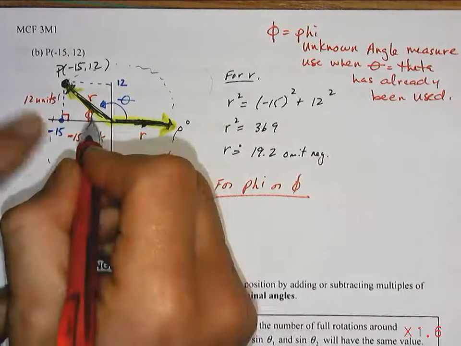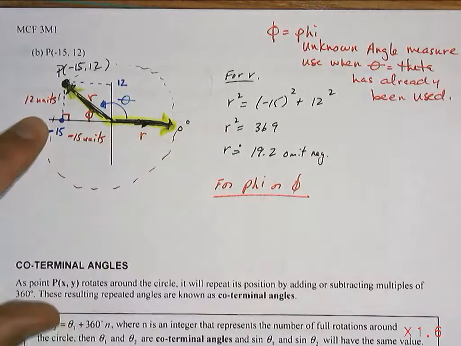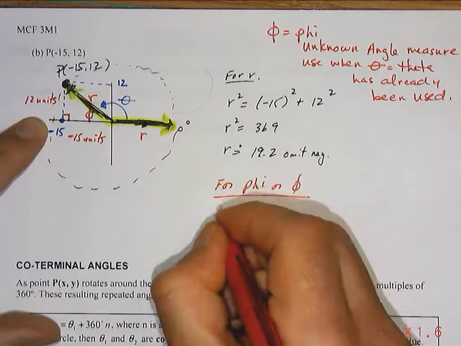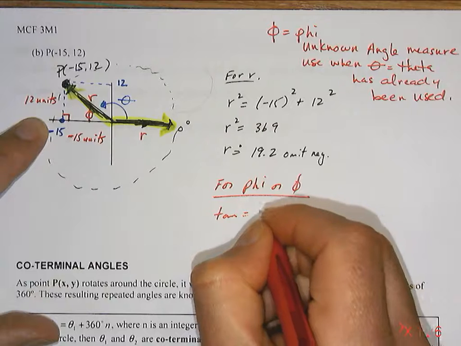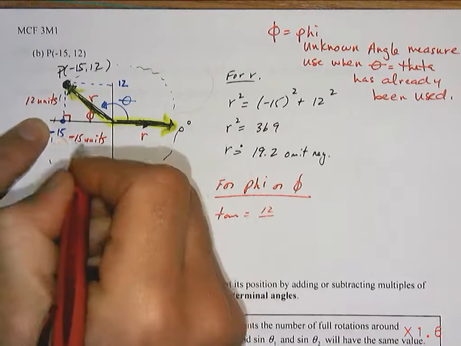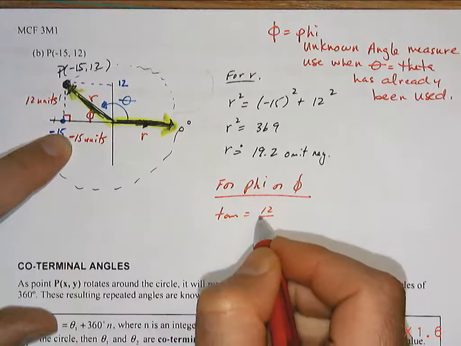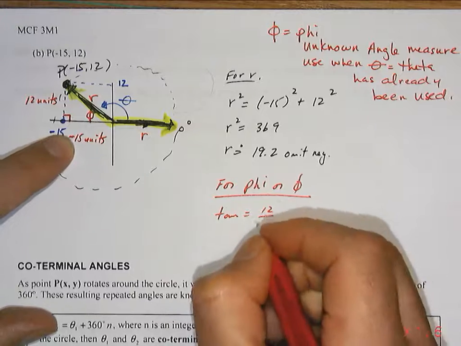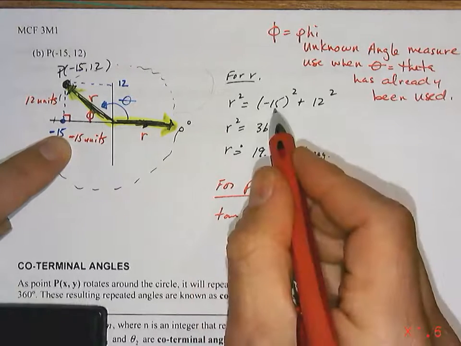So I've got a nice right triangle here. I can use opposite and adjacent. So tan is going to equal 12 over, now it's negative, but remember these are lengths, so I'm not going to worry about the negative. It's actually 15 units. The length of the direction doesn't really matter. So over 15. The same argument could have been made up here.